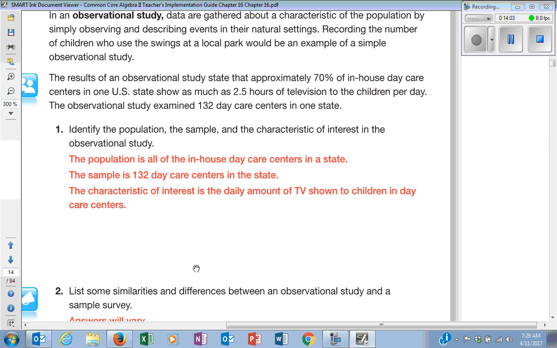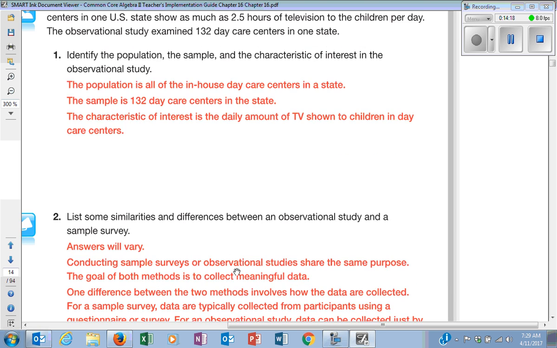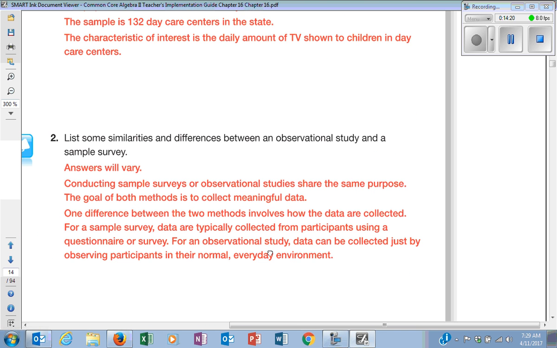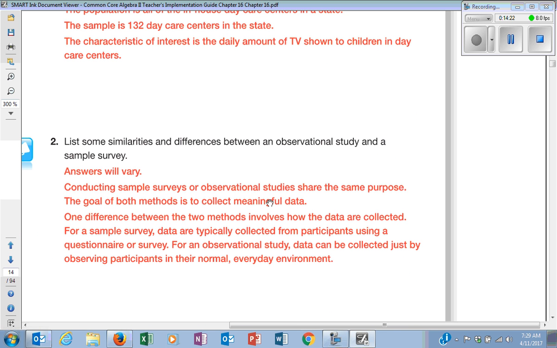Right. So in one, you're not asking them anything. You're not going up to the park asking, did you swing on the swing today? You're literally watching them, right? Like I said, don't drive a van, no ice cream. All right? So here are some things. The goal of both is to collect meaningful data. One difference is how the data is collected. Usually you have a survey or questionnaire for the sample. Observational, you look by just watching them.